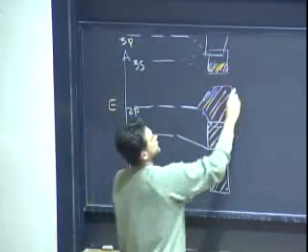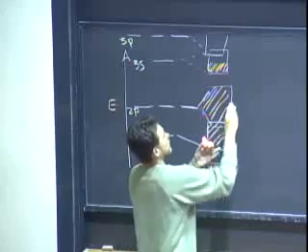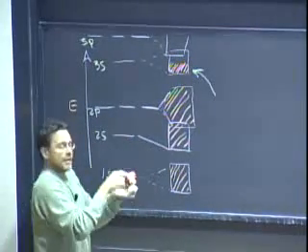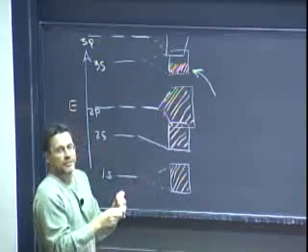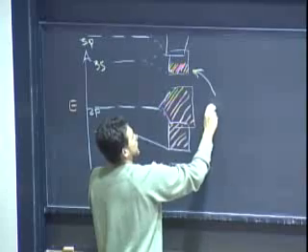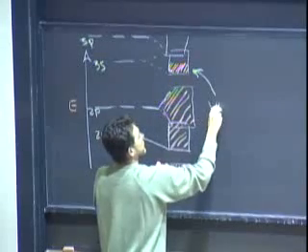Okay, so furthermore, we're going to call these filled bands that are at the highest energy, this corresponds to our highest occupied molecular orbital, the valence band.